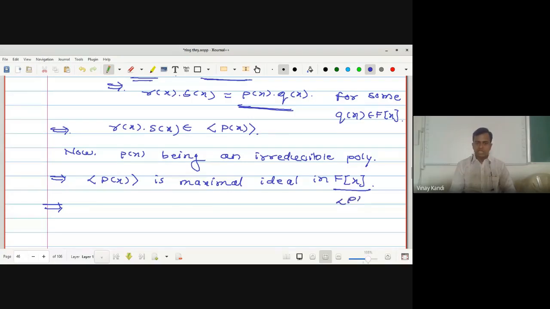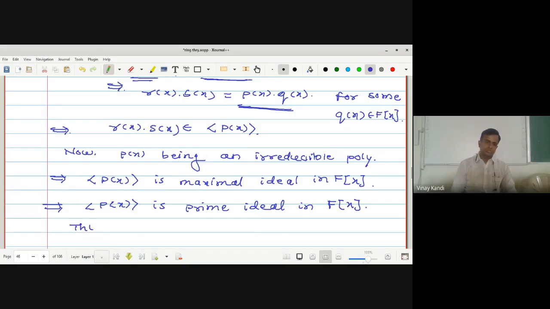Because F of x and that ideal generated by p of x is irreducible polynomial. हा काय होईल मग? तुमचा कोशंट रिंग फील्ड होतोय. फील्ड होतो तर इंटिग्रल डोमेन होतो, आणि इंटिग्रल डोमेन झाला की हा ऑटोमॅटिकली प्राइम आयडियल होतो. So hence every maximal ideal, that is, ideal generated by p of x is prime ideal in capital F of x.